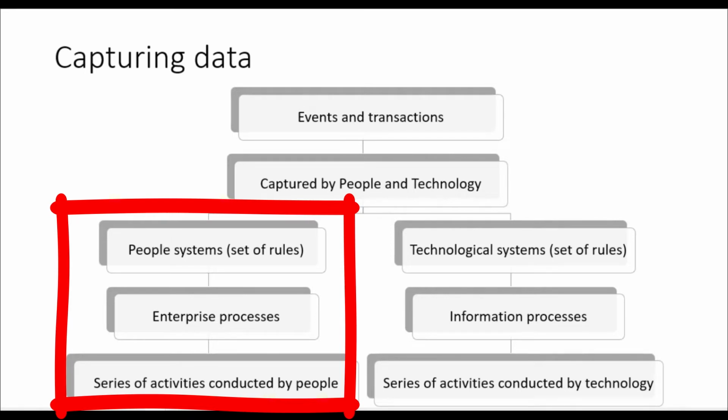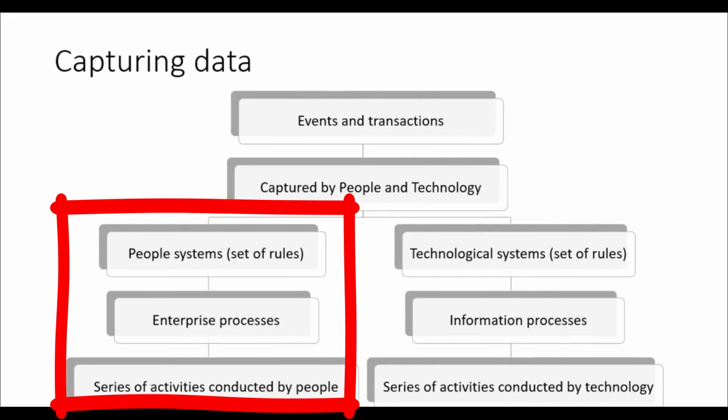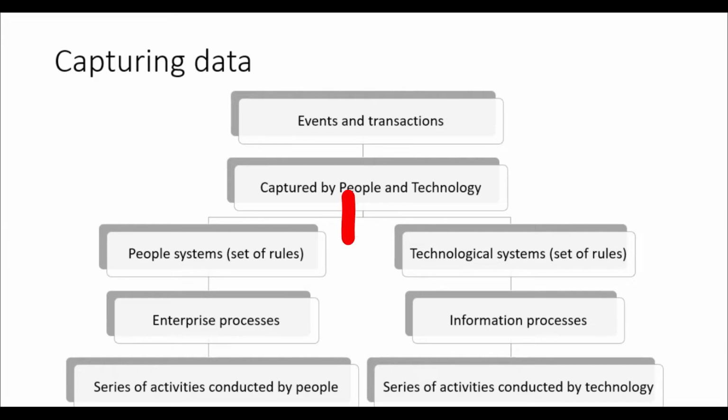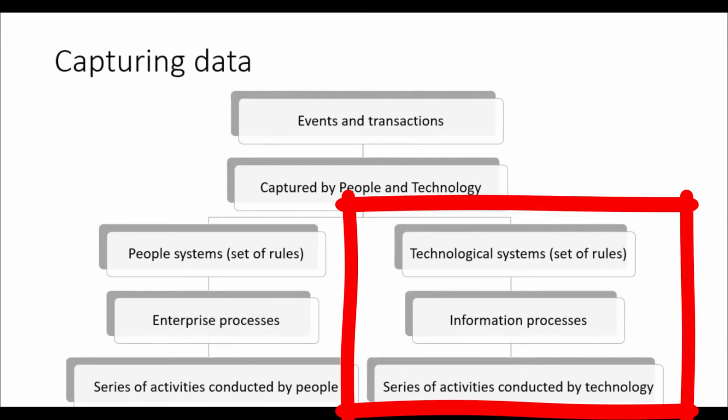processes that support these systems, and the processes are supported with a series of activities which comprise the process, and they're conducted by people. Then there are technological systems that follow sets of rules.